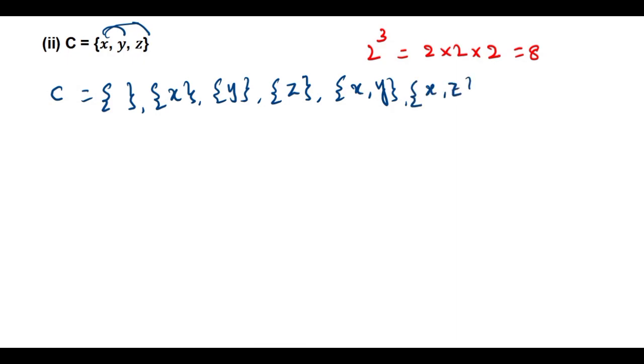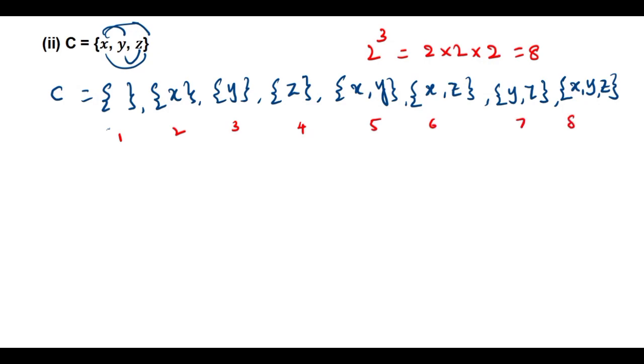Okay. Now write this one, YZ, and XYZ. So all the subsets I have written from this. Okay. So how many subsets did we get here? This is 1, 2, 3, 4, 5, 6, 7, 8. Okay, got it? Total 8 subsets.